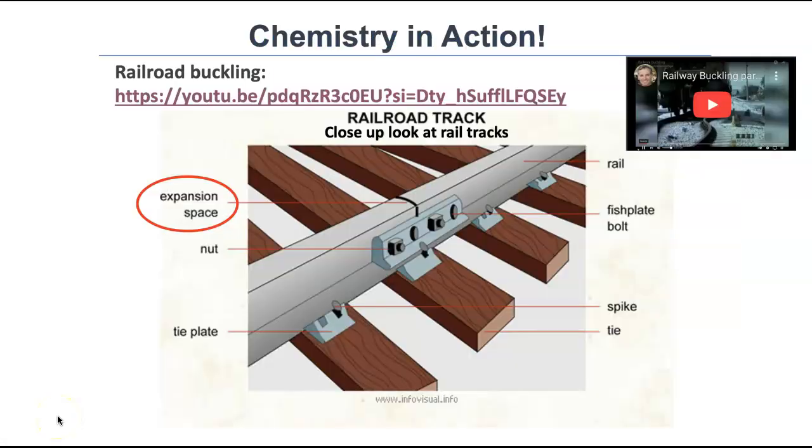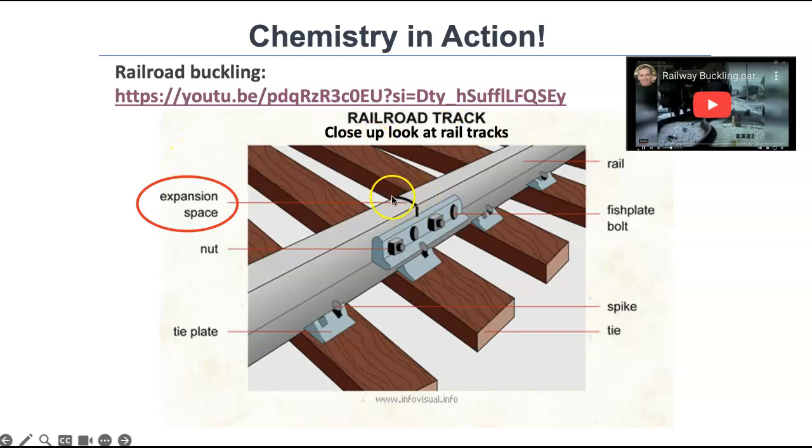So we saw the railway buckle because of the expansion of the atoms that make up the metal rail shown over here. So in hot climates or hot countries and hot weather, the atoms that make up the metal rails absorb thermal energy from the environment, and they start moving faster, and now they start expanding.